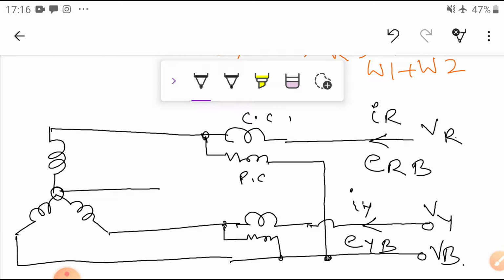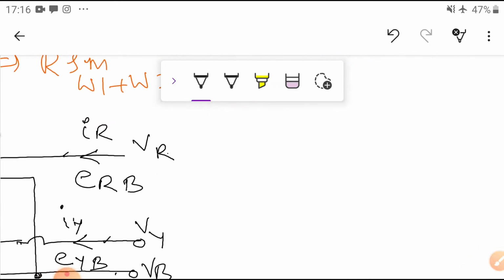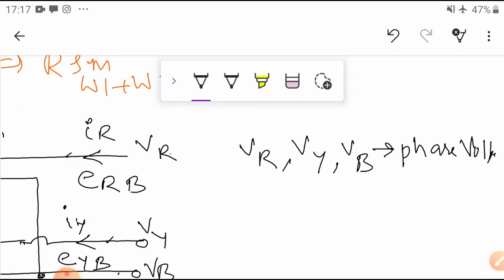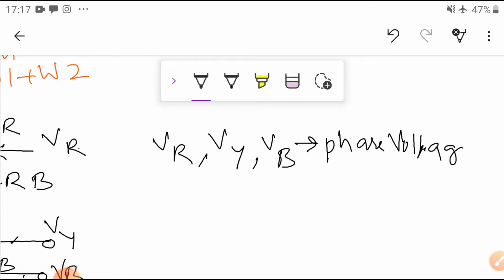Now in this case we connected the two wattmeters line to line. This is one line, this is another line, this is another line. Let us assume VR, VY, VB are phasor voltages, the phase values, the phase voltages.